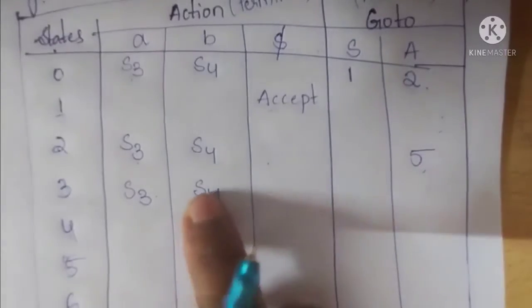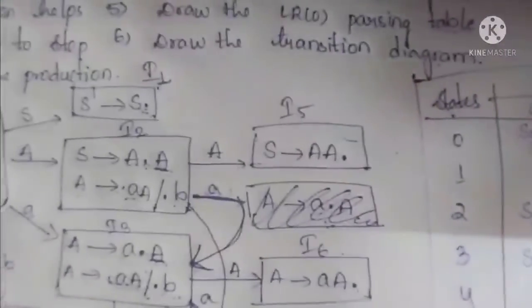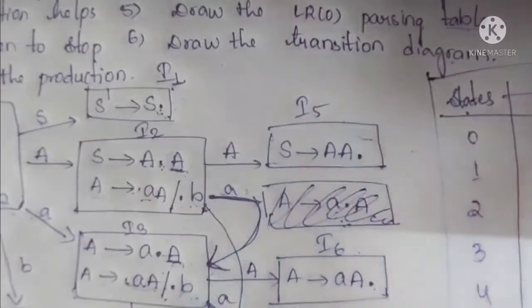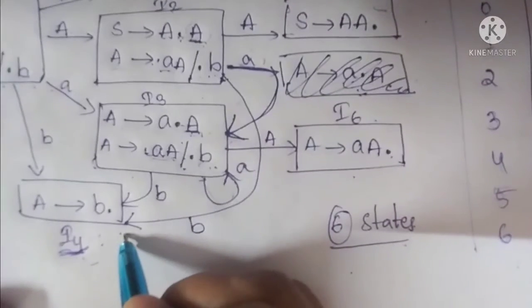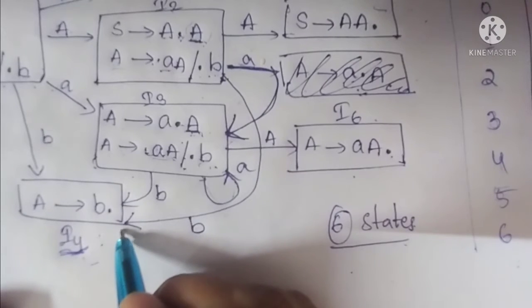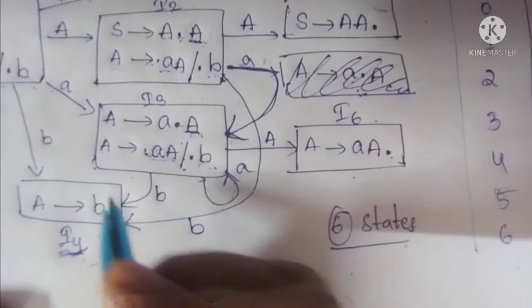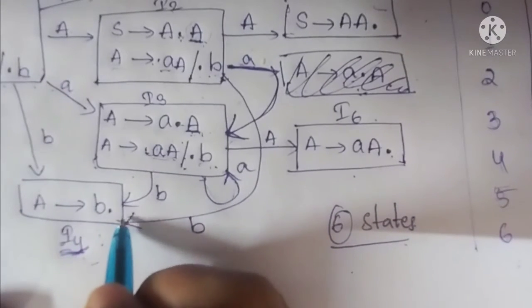Next from I4 on A, where is it going? I4 is a final state. We are not having any predictions, so in this case you have to perform the reduce operation. Why? Because this I4 is a final state, it is not going to give any state.